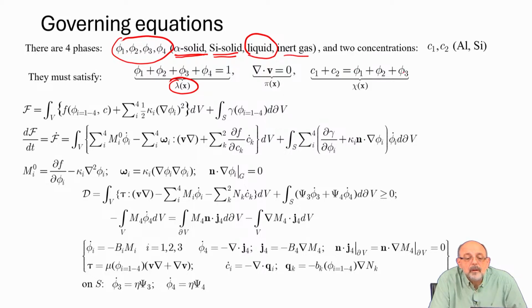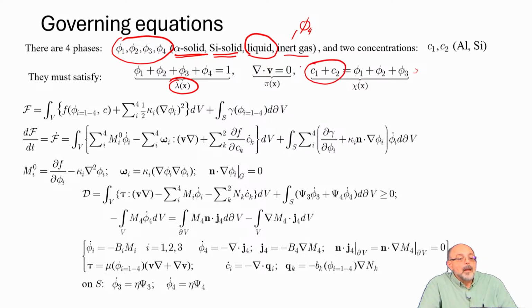Phi1 plus Phi2, Phi3, and in silicon, but Phi4 is inert gas, so I don't have any concentrations in the 4th phase. So I have to make sure that where I have concentrations, they add up to 1, right?